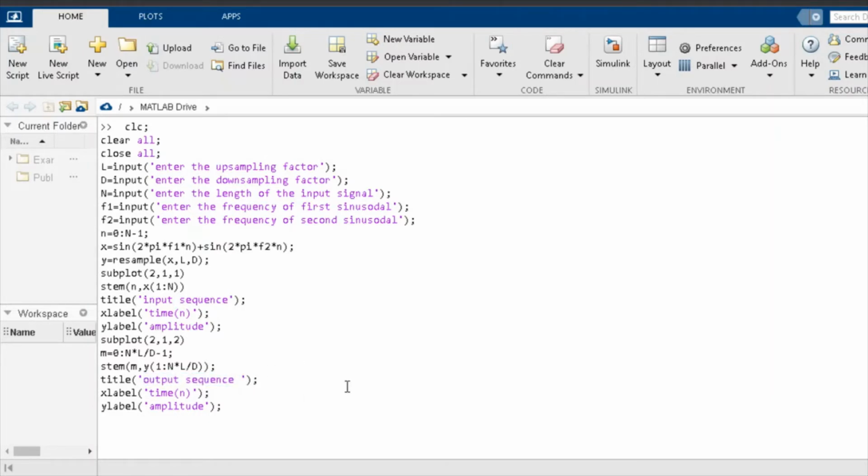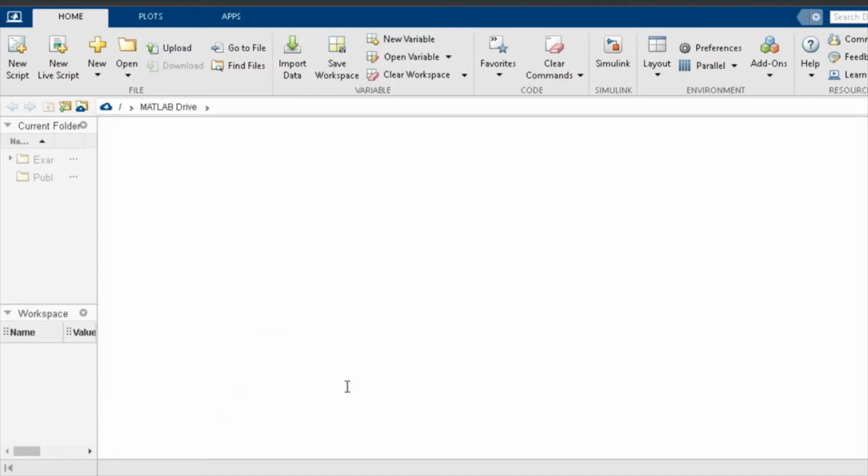So running the program, first it would ask us to enter the upsampling factor. Now we are going to enter the given upsampling factor, which is 3. Next we're going to input the downsampling factor, which is 2.